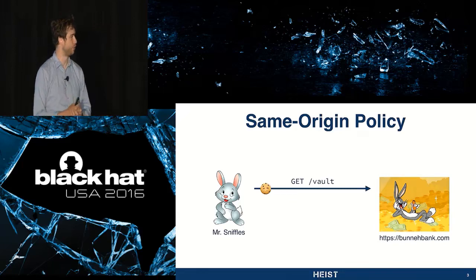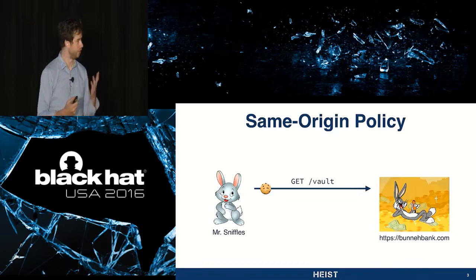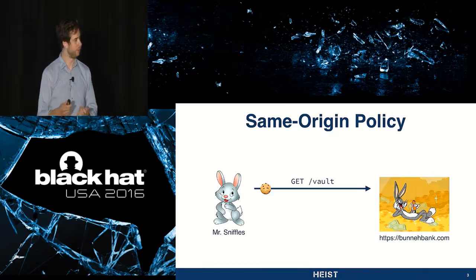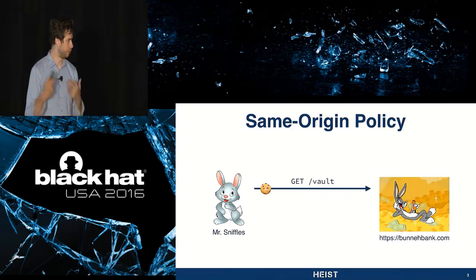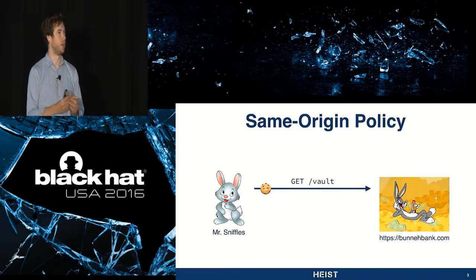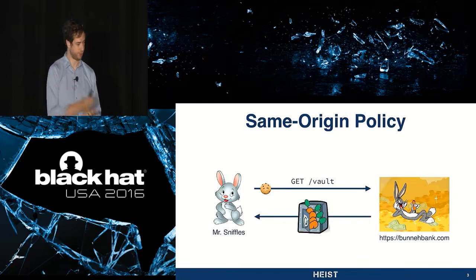In order to do so, he will send a GET request to bunnybank.com. This GET request will contain the cookies of Mr. Sniffles. And when bunnybank.com receives this GET request, it will associate the cookies with the identity of Mr. Sniffles, and will return the vault to Mr. Sniffles.